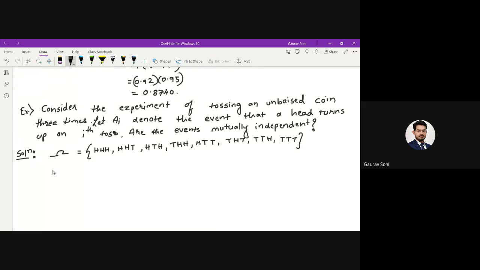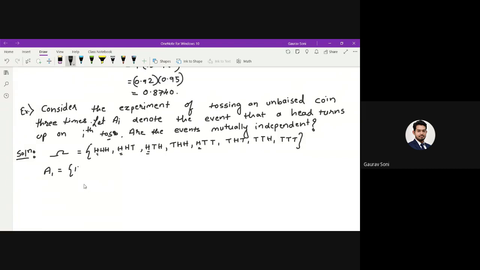Now, what are the events? Ai is an event where head turns up on ith toss, which means if I want to define A1, then head should turn up at the first toss. So how many elements are going to be there? You look at the sample points where you have first head.